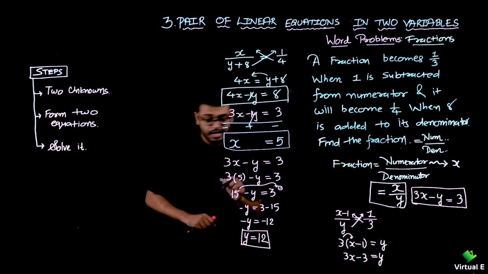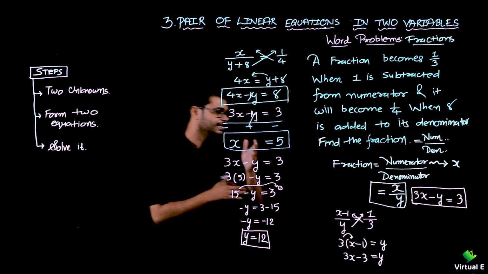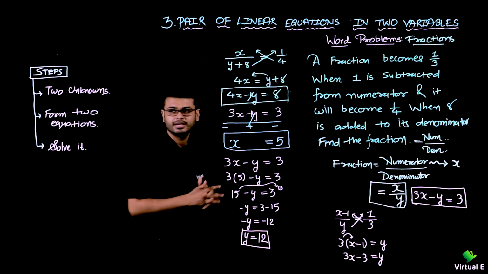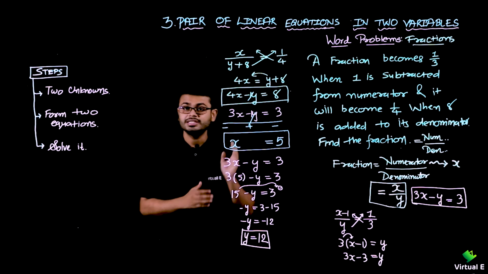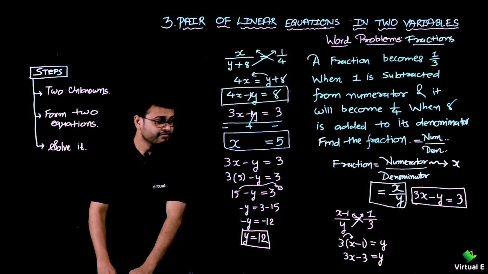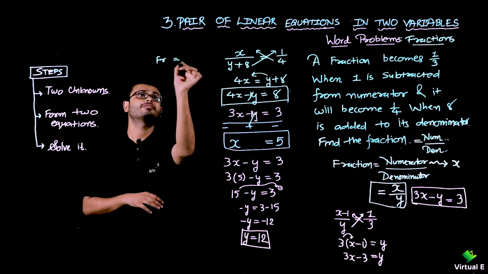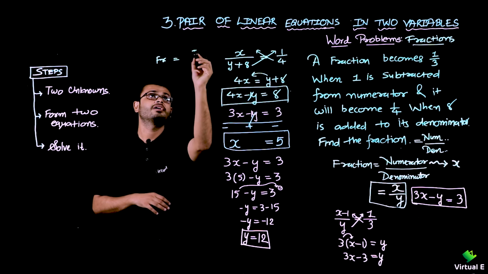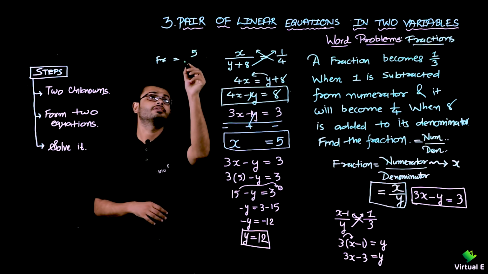So that's done. Now we were looking for two unknowns. We have in front of us x is equal to 5 and y is equal to 12, right? So we have solved it. Now let's verify whether our solution is correct or not. If I write this in fraction form, x is the numerator, which is 5, and y is the denominator, which is 12, right?